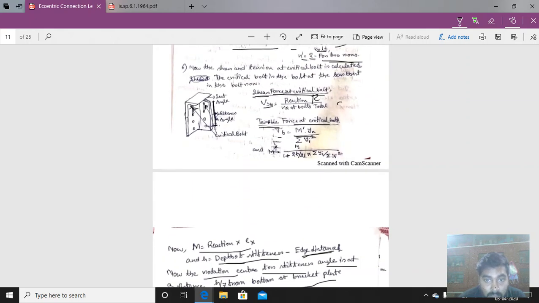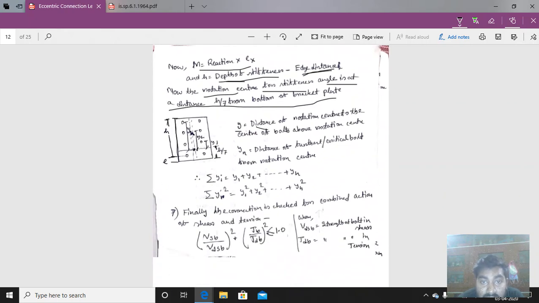Y, this is yi and yi square. Y equals the distance from the rotation center to the center of the bolt above the rotation center. Listen very carefully: if this is one bolt, this is another bolt, and this is another bolt, that bolt will not be considered because it is below the rotation center.